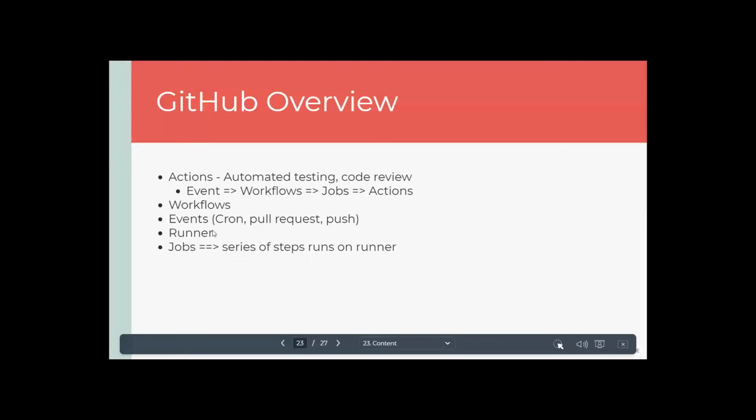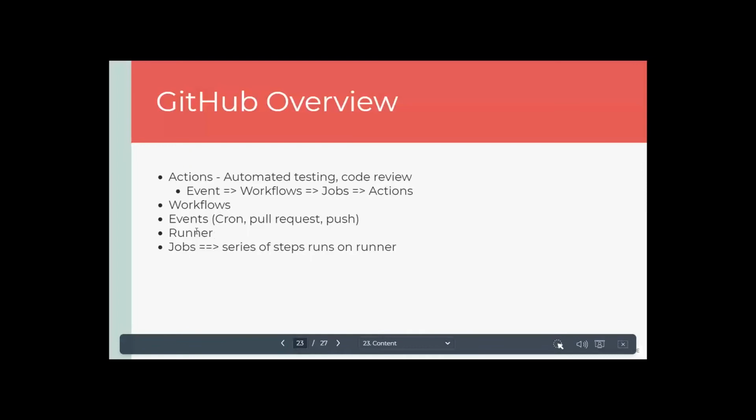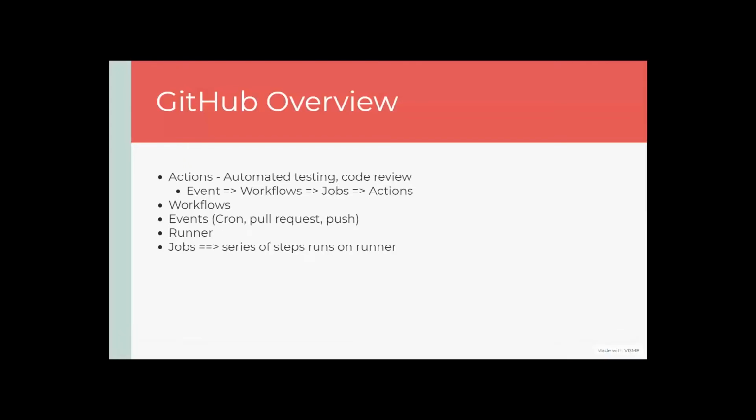Okay, and here is one more change. This is called a runner. For example, in Azure DevOps we discussed the agent machine. They also have agent machines, called Microsoft hosted and self hosted. So the agent and the runner are the same thing, and here also they provide two options.